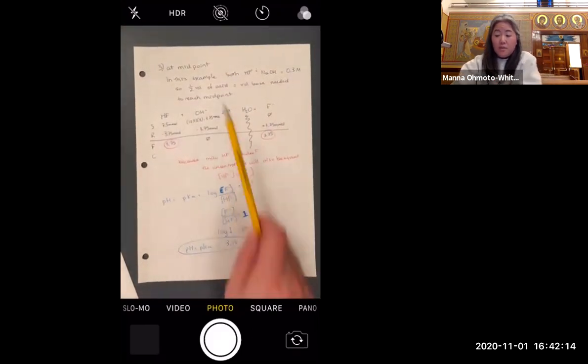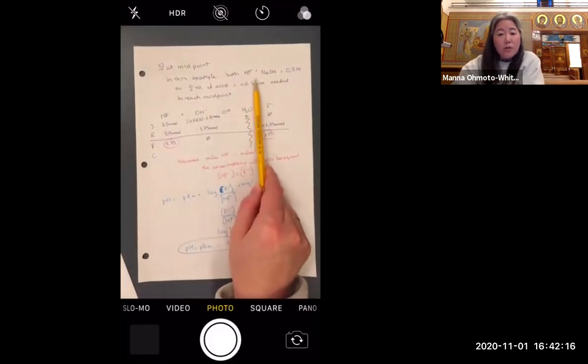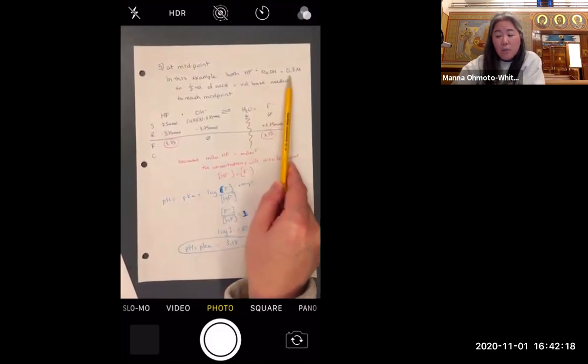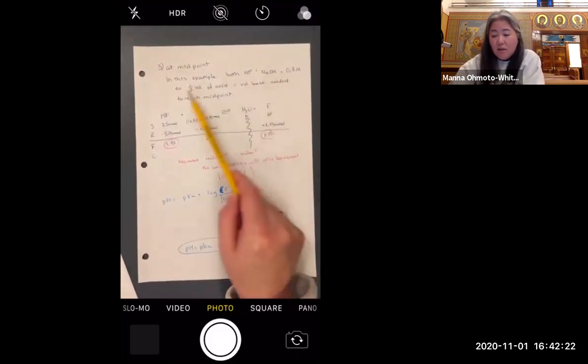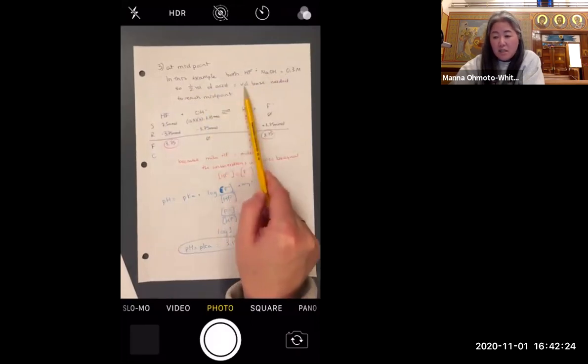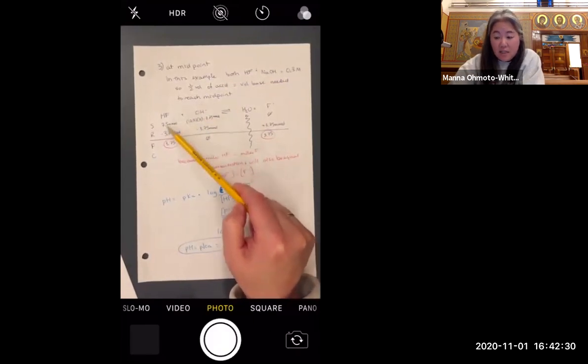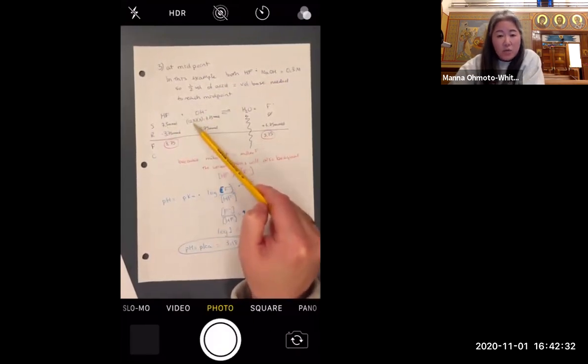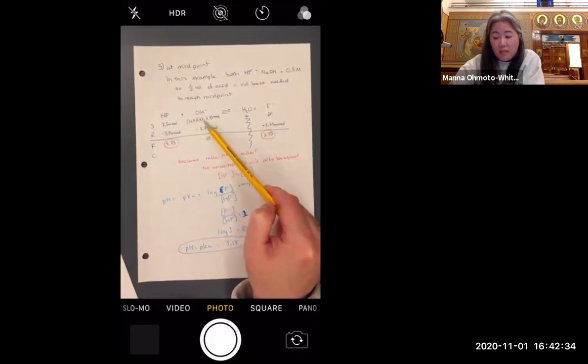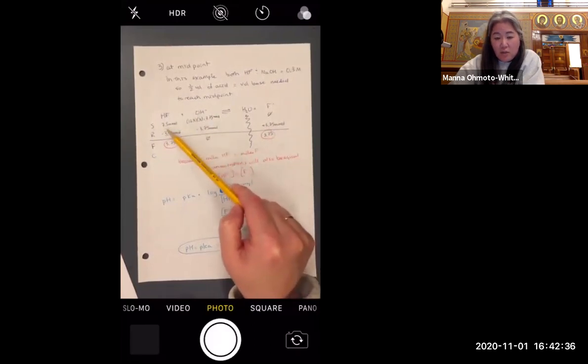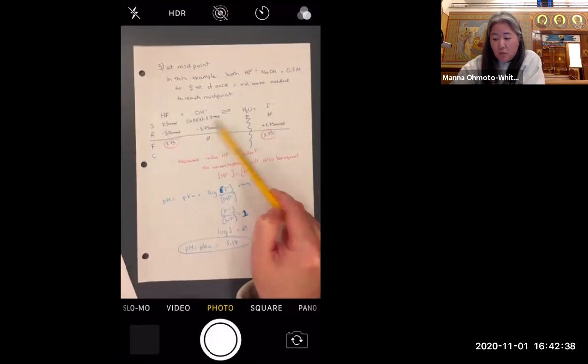At the midpoint, in this example, both my hydrofluoric acid and my sodium hydroxide are at 0.3 molar. I did that just to make my life easier. So half the volume of acid is going to be the volume of base needed to reach the midpoint. So I have 25 milliliters of acid in here, so I need to add 12.5 milliliters of my base. So 7.5 millimoles, 3.75.